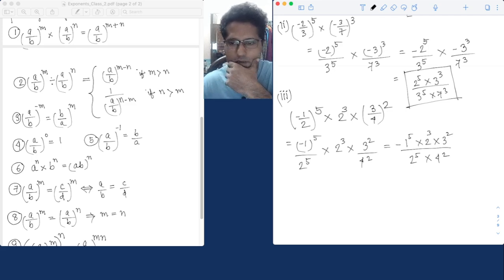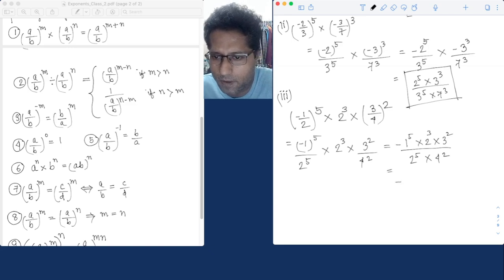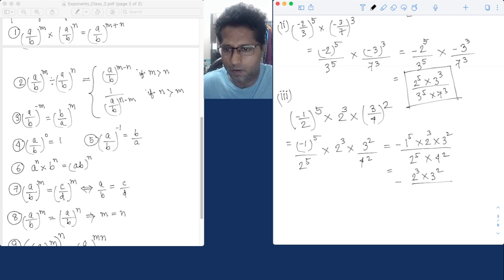Okay, now you can do cancellation. You can see that over here the whole numerator will be negative, and 1 to the power 5 is 1. So we have 2 cube multiplied by 3 square, and we have 2 to the power 5 and into 4 square. 4 square can be written as 2 square: 4 is 2 square, and again this is power 2.